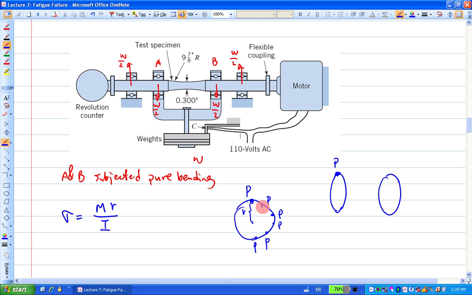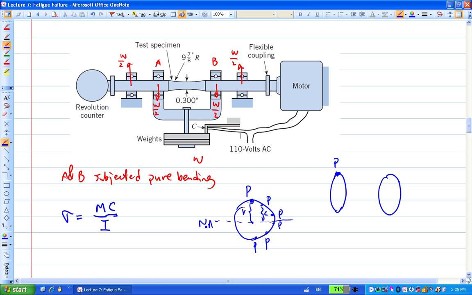But I'm talking about the bending normal stress at P at an arbitrary location. So that formula should use a so-called C here. C is the distance between the neutral axis and the location of P. Does that make sense?